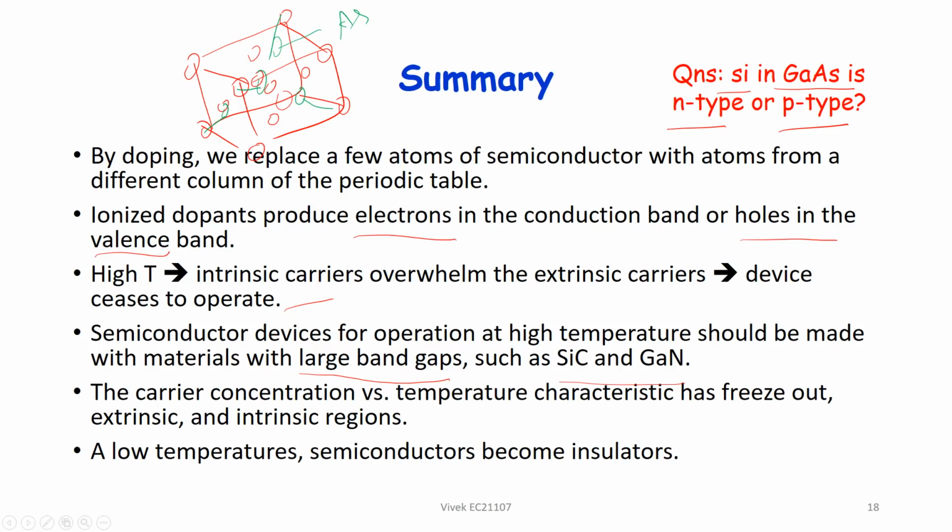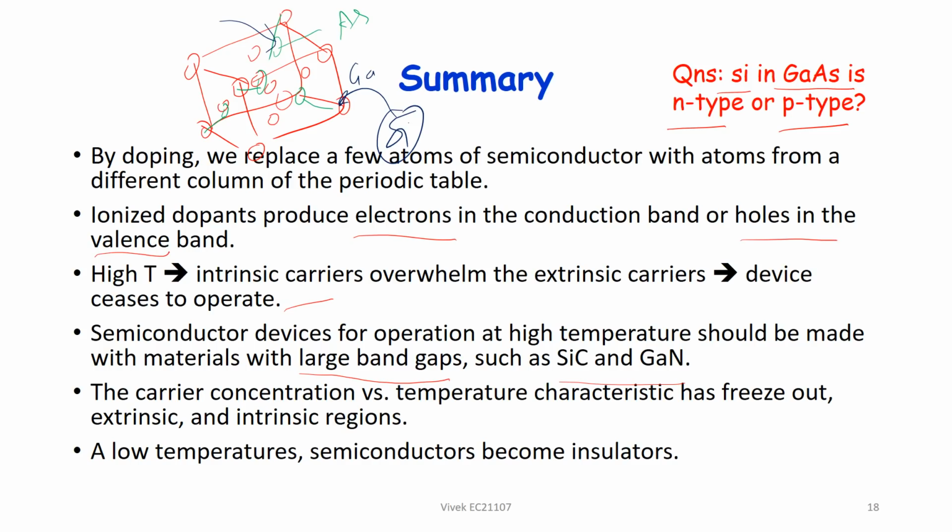Now silicon atom, we can use another color. So let's say silicon is this color, right? Now there are 2 possibilities. It can occupy either gallium site or it can occupy arsenic site.